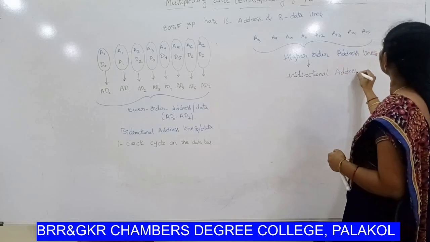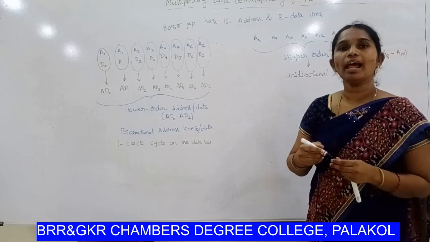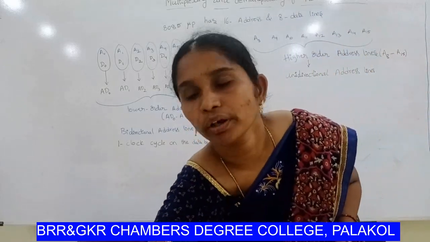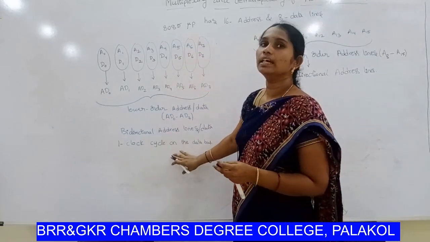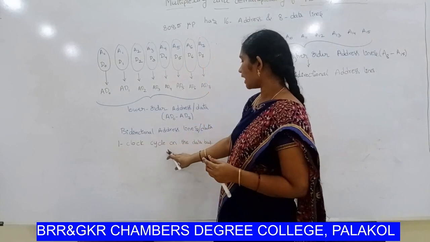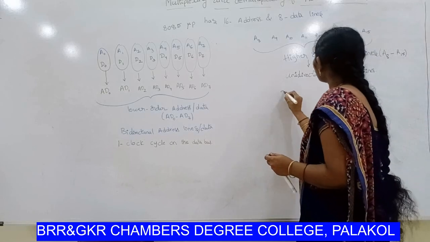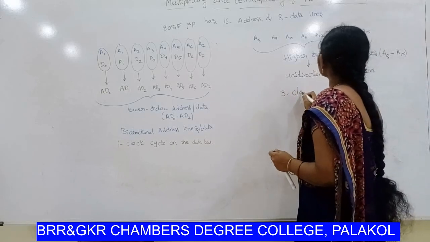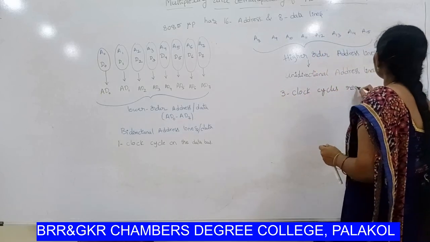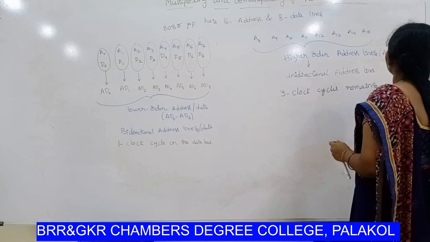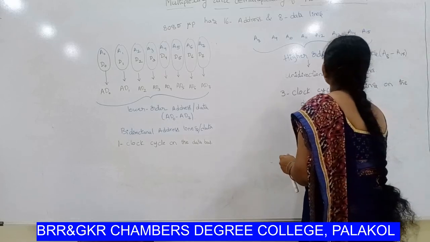The lower order address lines remain only one clock cycle on the data bus, but the higher order address lines remain for 3 clock cycles on the data bus.